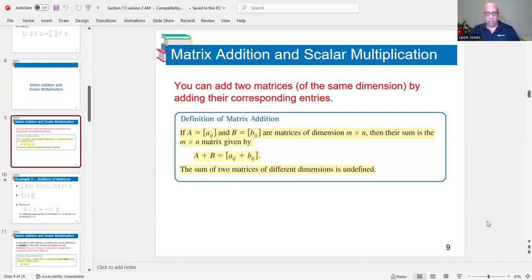So the definition of matrix addition: if A equals [a_ij] and B equals [b_ij], and they're matrices of dimension m times n, then their sum is the m times n matrix given by A + B = [a_ij + b_ij]. The sum of two matrices of different dimensions is undefined.